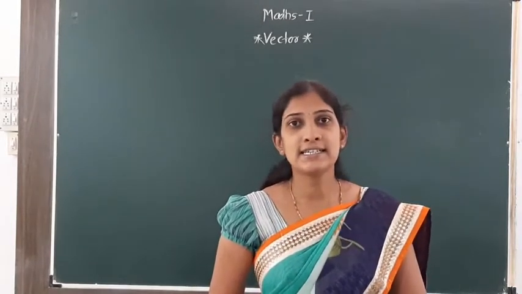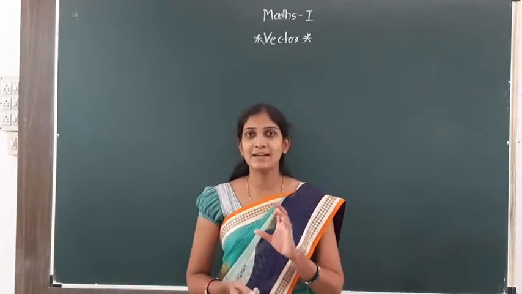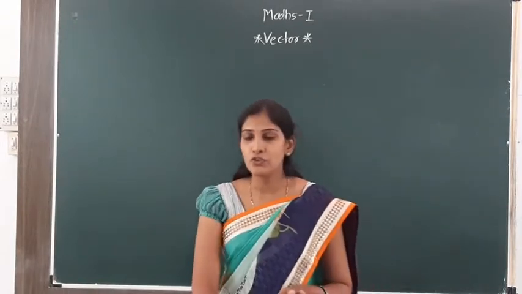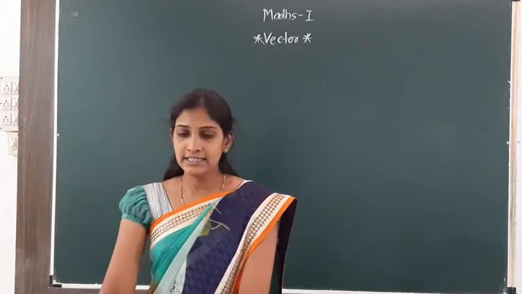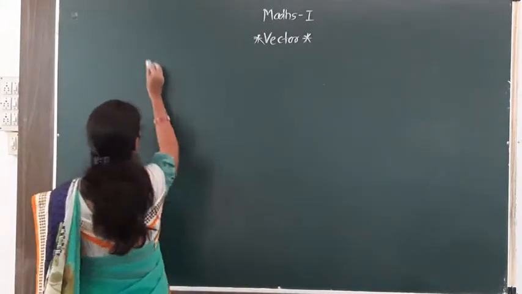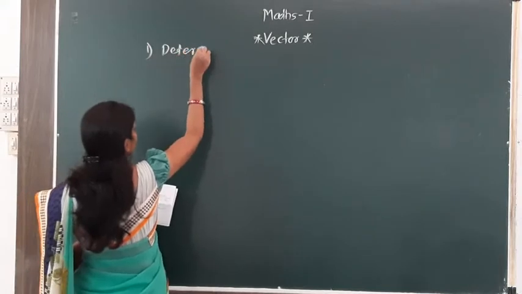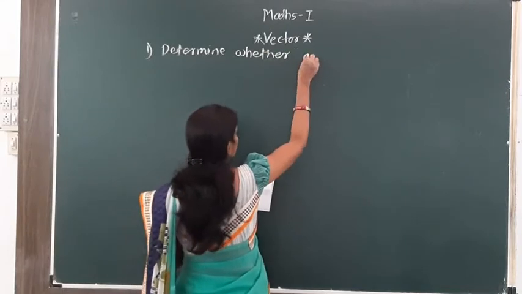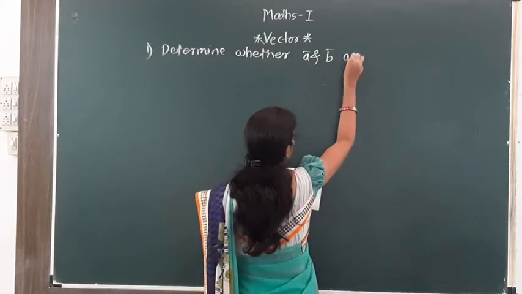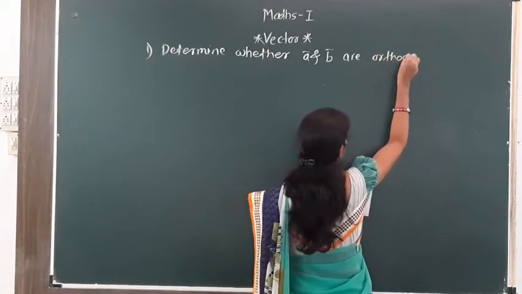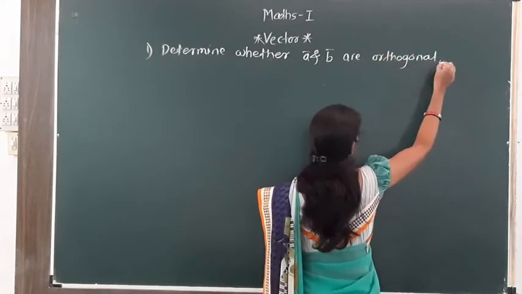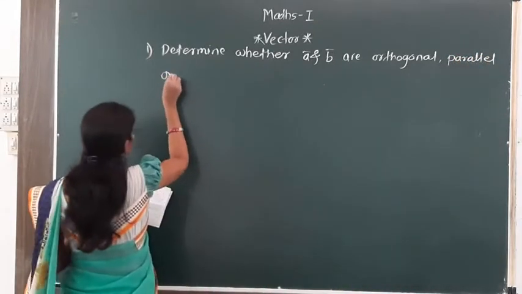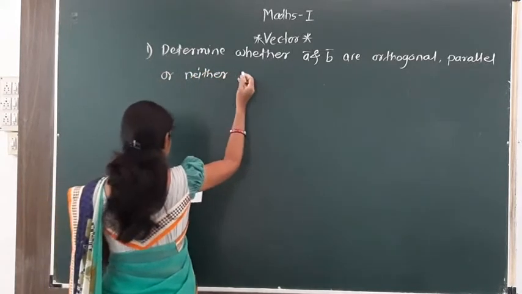Today we will study some very simple examples based on direction ratios and direction cosines. Our first example is: determine whether A bar and B bar are orthogonal, parallel or neither.